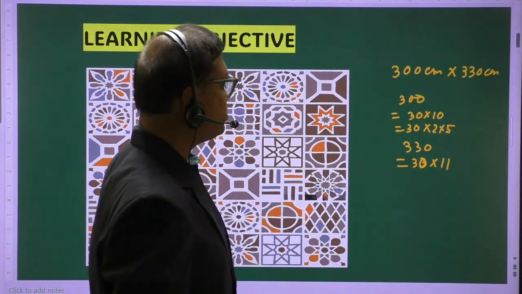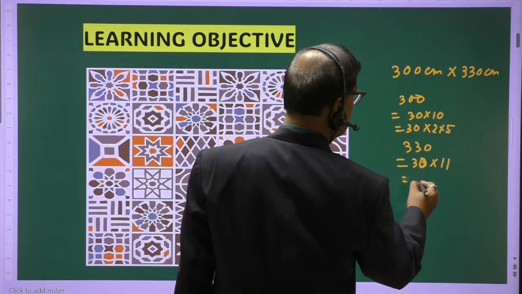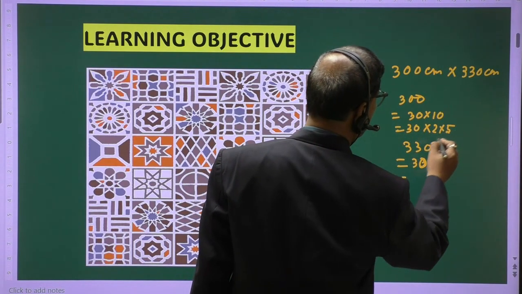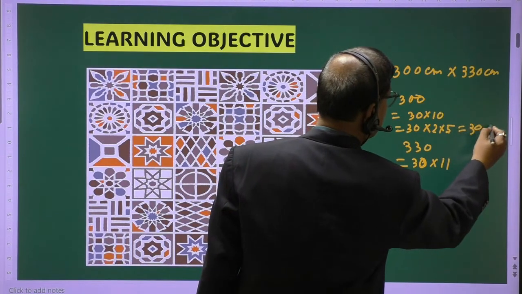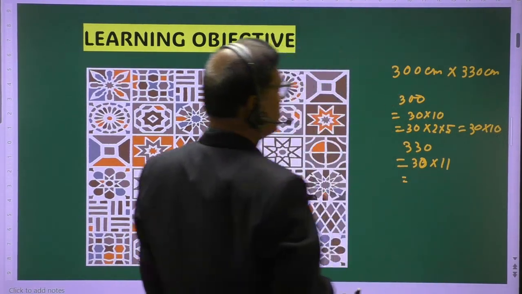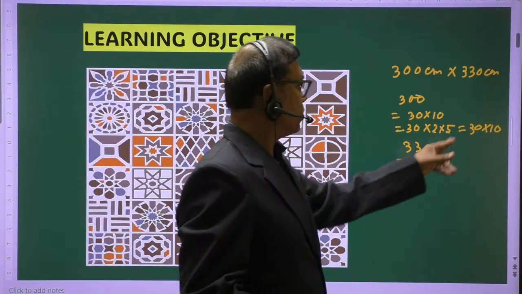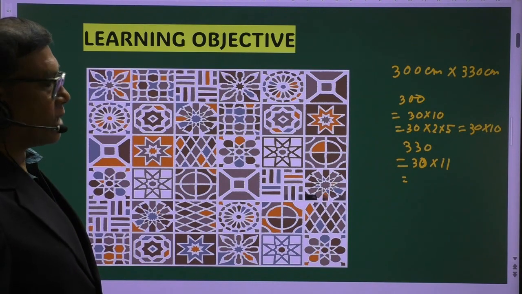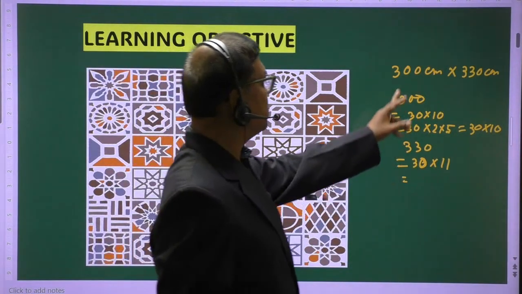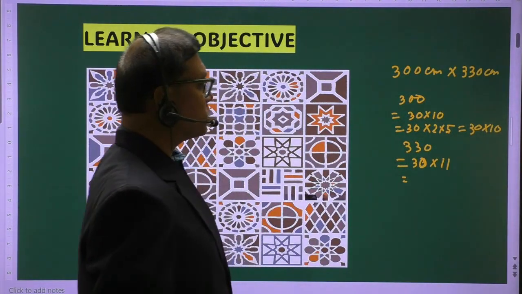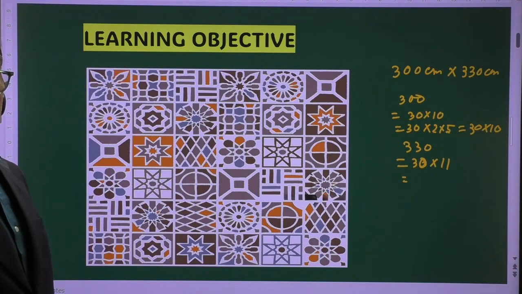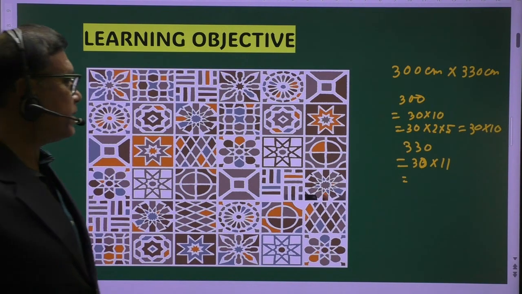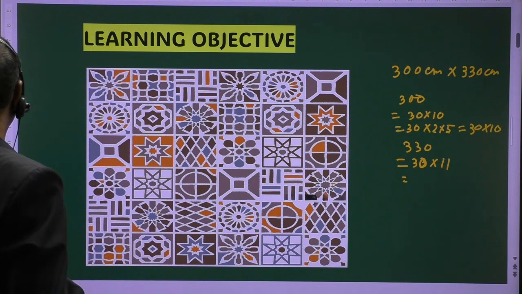Yes or no? That means 30 into 11 and here 30 into 2 into 5, that we can write 30 into 10. So from these two, what is the greatest number we are seeing? 30. 30 is the greatest number by which these two numbers are divisible. So that means we have to know the HCF, and that is the importance of learning HCF. Is it clear?